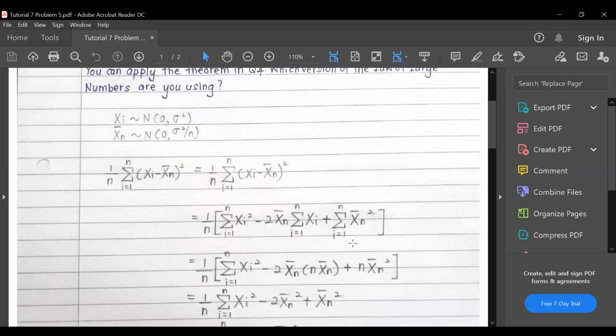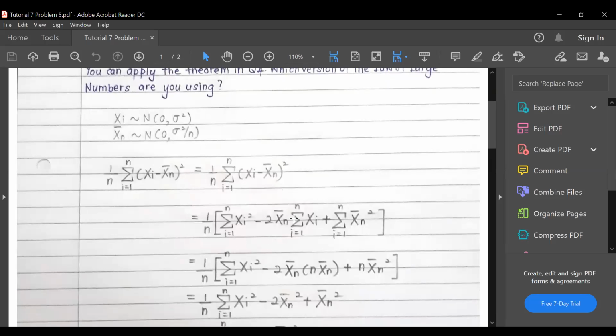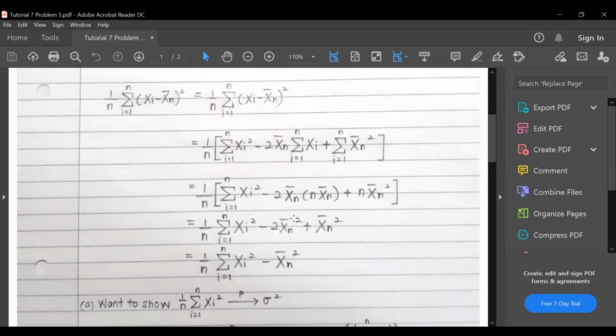Which version of the... okay, the first thing is you check the expectation. It asks you to use the previous result, right?